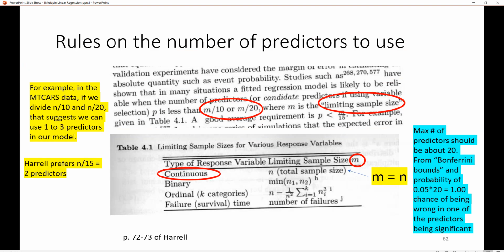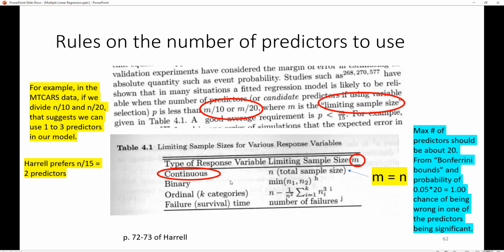So I photocopied a couple parts out of Frank Harrell's book, and he suggests what we call the limiting sample size. If you divide that by 10 or as much as 20, that can tell you about how many predictors you could have. And on table 4.1, we see his table for what he would consider a limiting sample size.